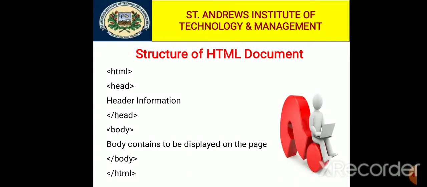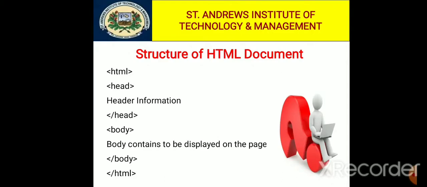Basically, an HTML document is generally divided into two main sections. The first one is the header section, which is enclosed by the open head tag and closed head tag. And the second part is the body section. The body section is always mentioned between the two tags, open body tag and close body tag.